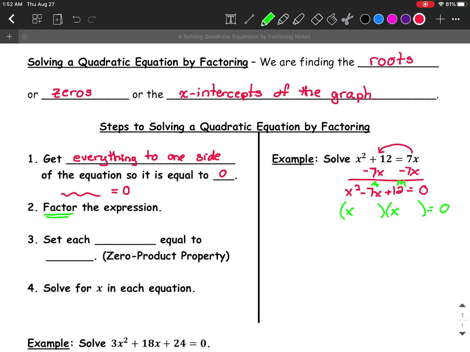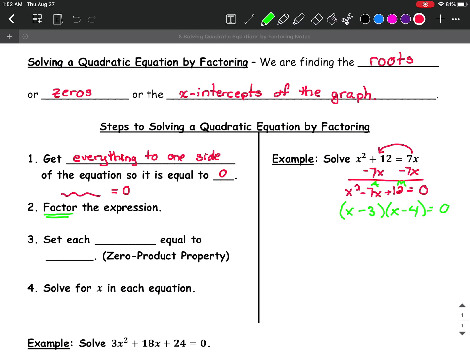I can't just write part of it. I need 2 numbers that multiply to positive 12 and add to negative 7. Do you know what those numbers are? Multiplies to positive 12, adds to negative 7. That would be negative 3 and negative 4.